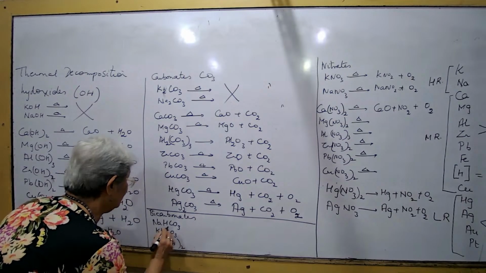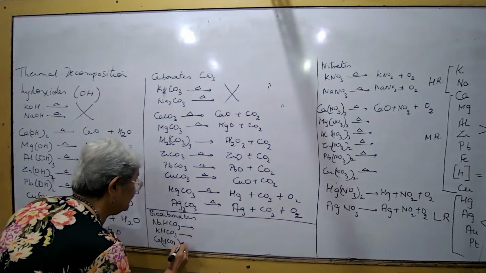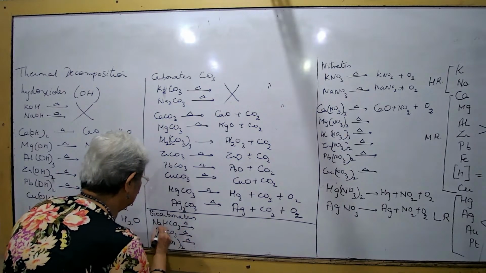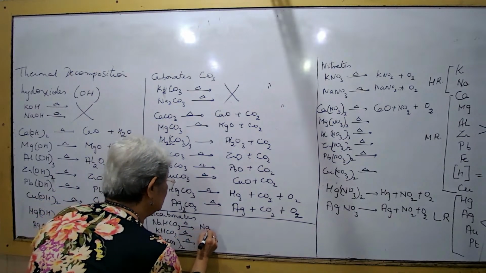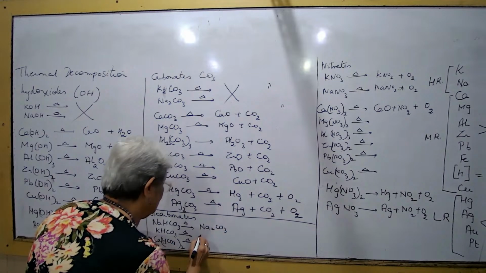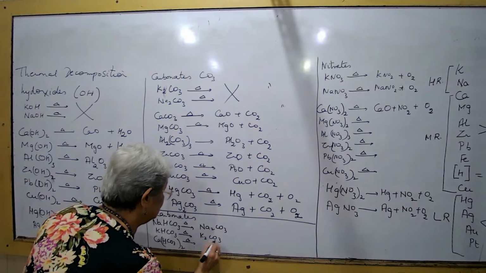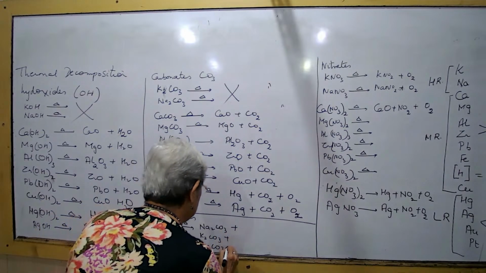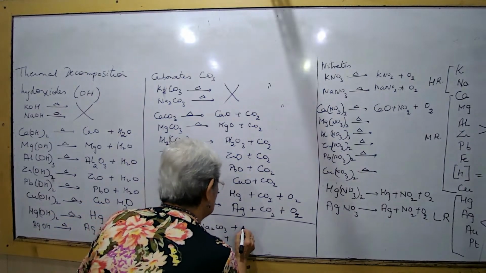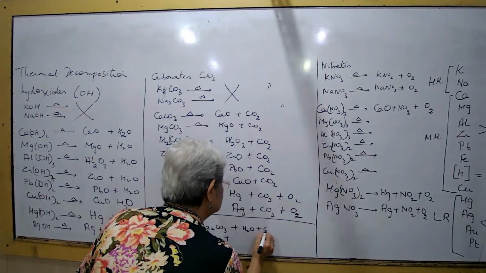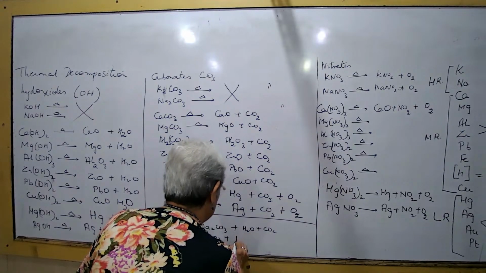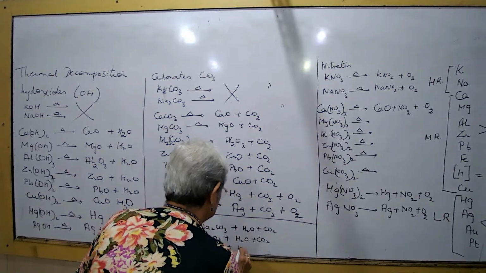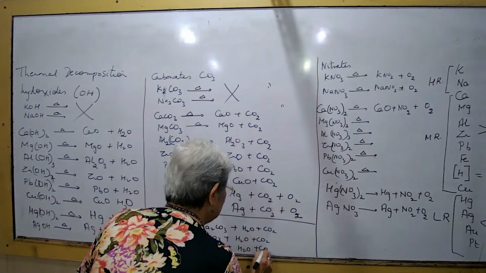Okay, all right. So what you're going to get here, on heating, is sodium carbonate, potassium carbonate, calcium carbonate, plus water, plus carbon dioxide, in each case.